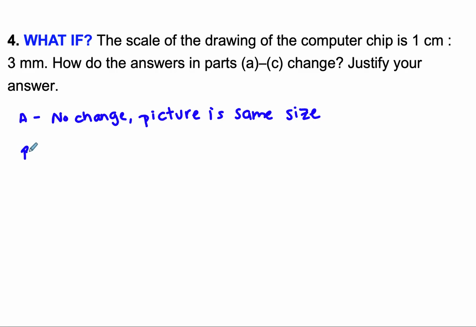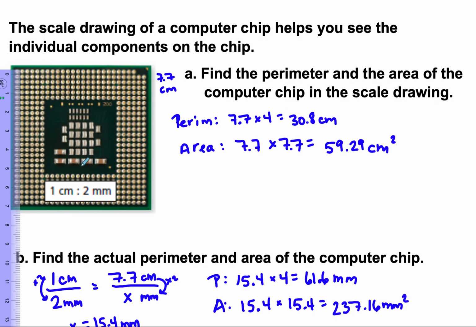Okay, part B. 3 millimeters here. 2 millimeters here. All right, so when we find the actual perimeter and the area of the computer chip, instead of multiplying by 2, we're going to multiply by 3.